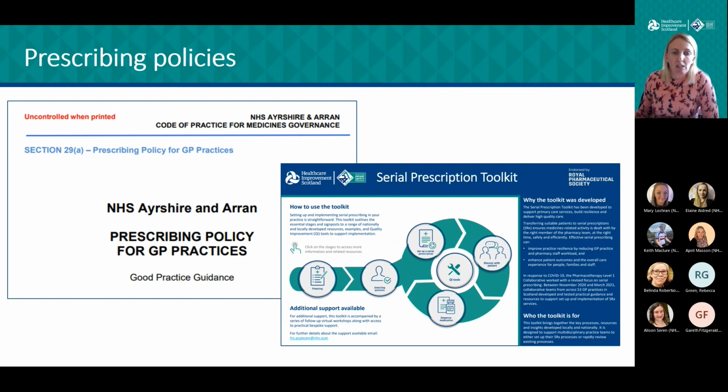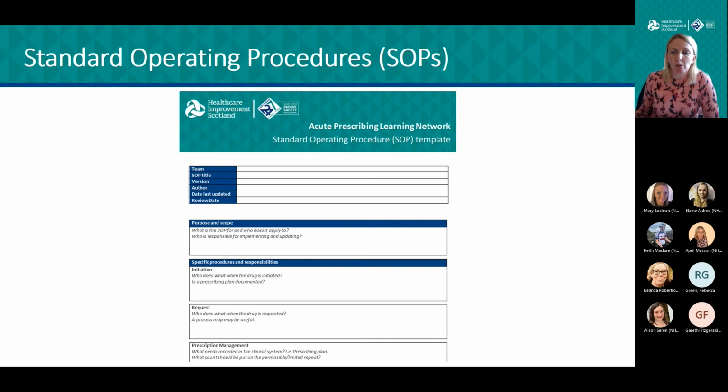And the permissible repeats function within clinical systems allows you to limit the number of prescriptions that can be issued before a review is required. This has been really successfully used by many of the teams involved in testing, including for combined oral contraceptives, antidepressants, and many other drug classes that came out in the Pareto chart, which leads me on to standard operating procedures, or SOPs. So we're on to the next slide.